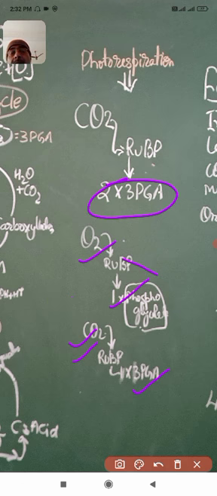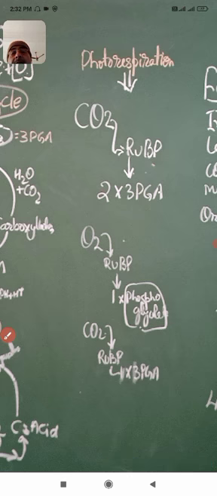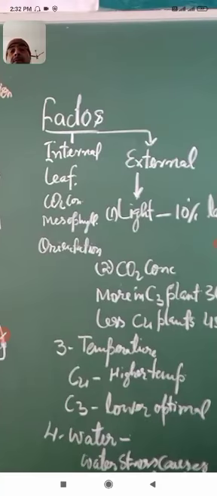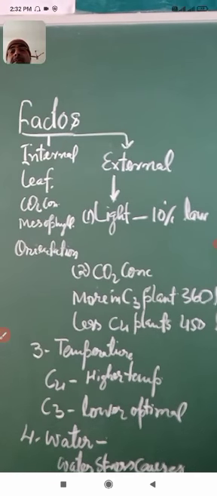And my dear students, now come to the next, that is what factors are affecting photosynthesis. Now see, dear students, the factors are of two types, internal and external.